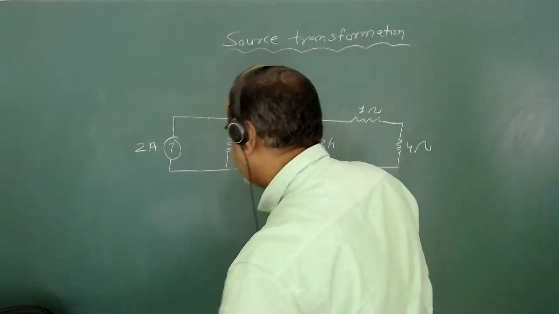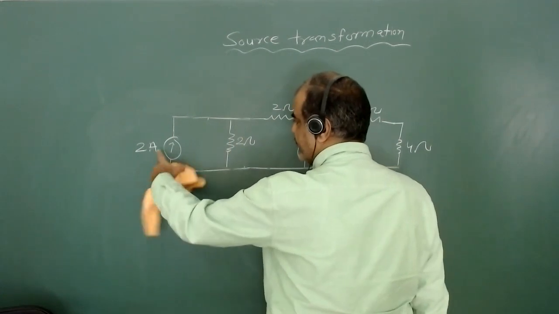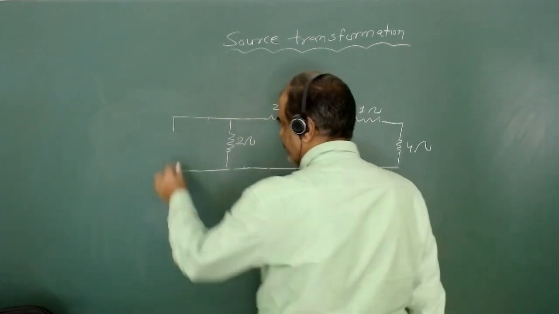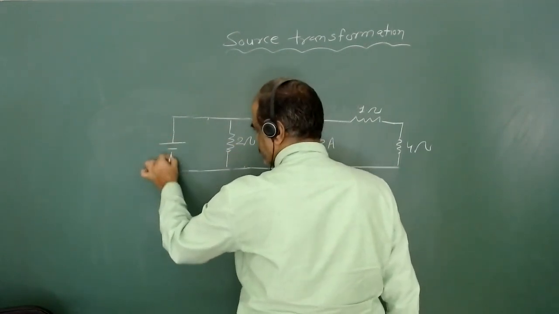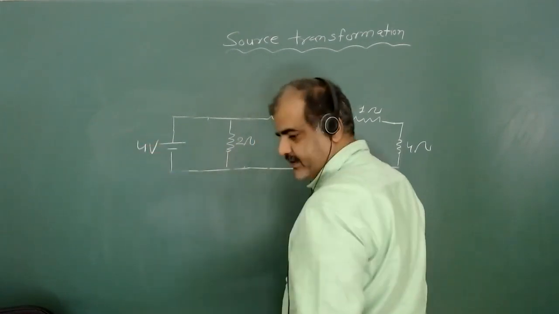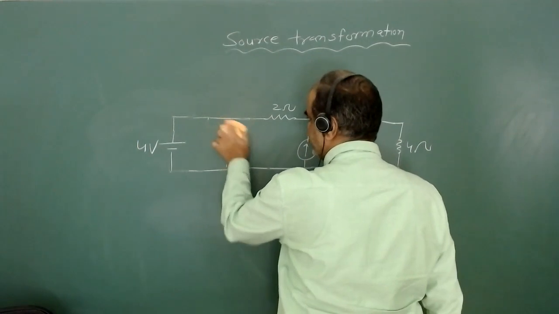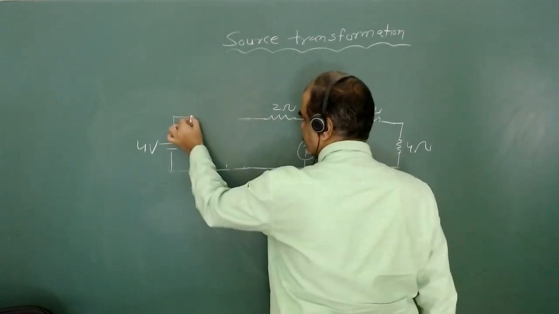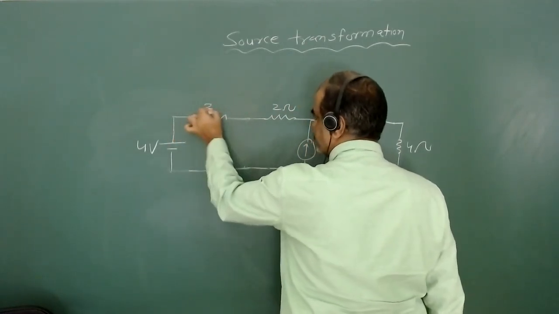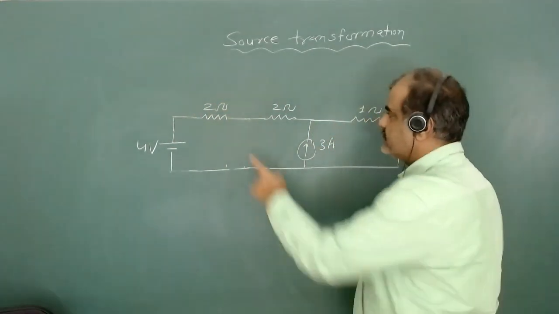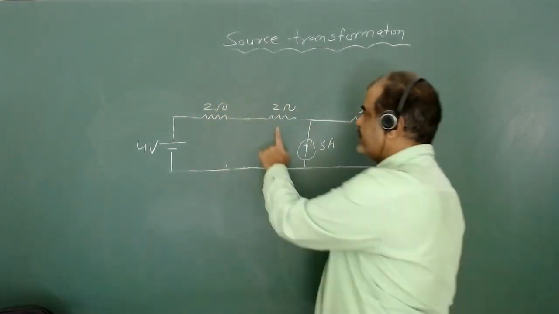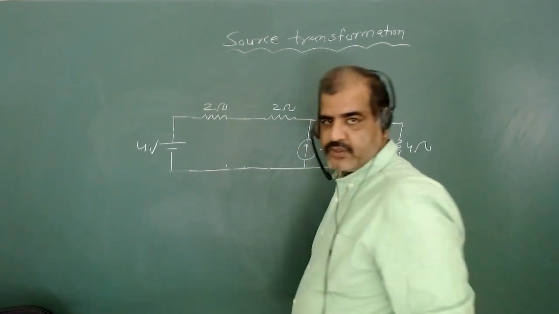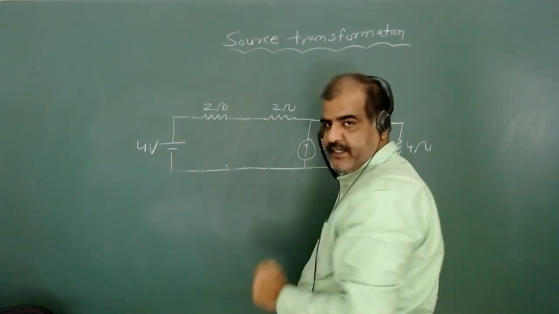V equals IR, so 2 into 2, so this current source will become a 4 volt voltage source, and this 2 ohm resistance will go into series. Now this 2 and 2 become 4, and this 4 ohm resistance is in series with this 4 volt source. So again I can convert this source into a current source.